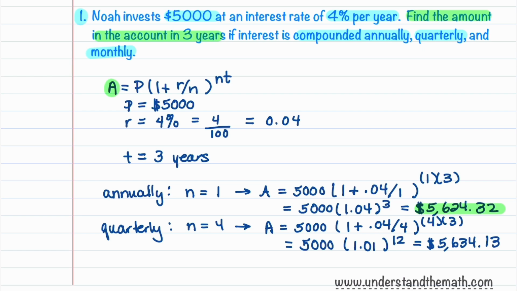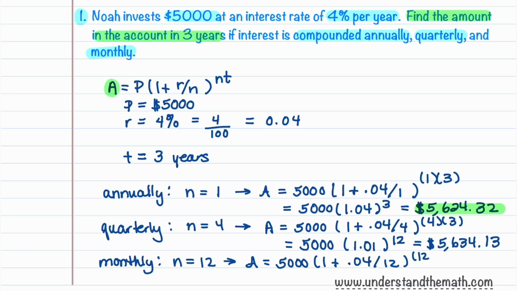Now let's do our last one. Our last one is when we compound monthly. For monthly compounding, N is equal to 12. And then our A is 5,000 times 1 plus 0.04 divided by 12. And then in the exponent, we have 12 times 3.